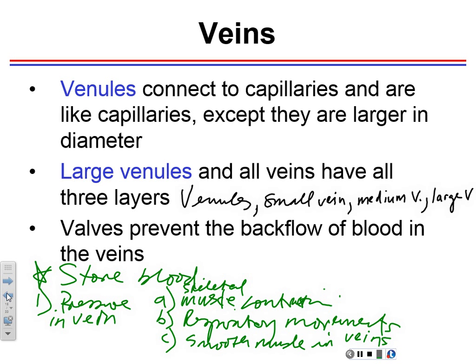And when you breathe out, expiration, you contract the chest cavity and squish those blood vessels. You create a positive pressure that moves blood up the veins, with the valves ensuring one-way flow. Smooth muscles in the veins as well contract. Okay, are you okay? Very good.